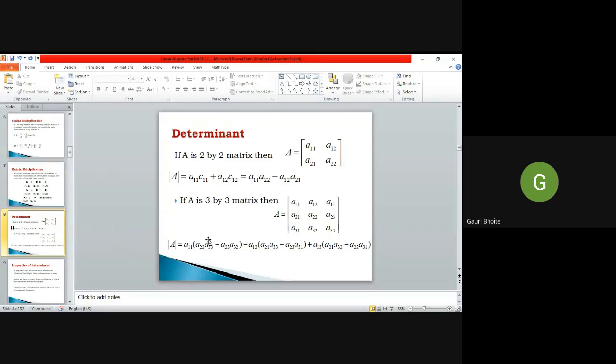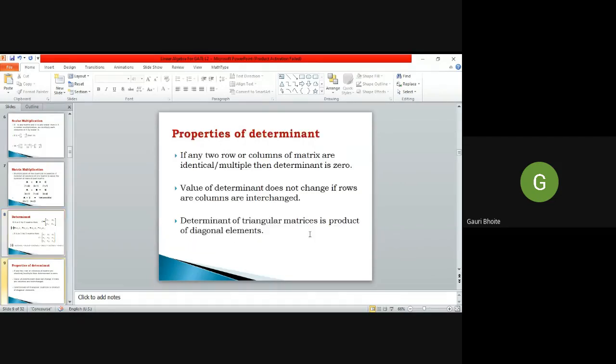And for 3 by 3, first A11 into the determinant of this 2 by 2 matrix, then minus sign A12 times the determinant of A21, A23, A31, A33, plus A13 into the determinant of this matrix A21, A22, A31, A32. Okay. So I am not interested in the detail of how to calculate. You already know. I am interested in the properties of determinant.